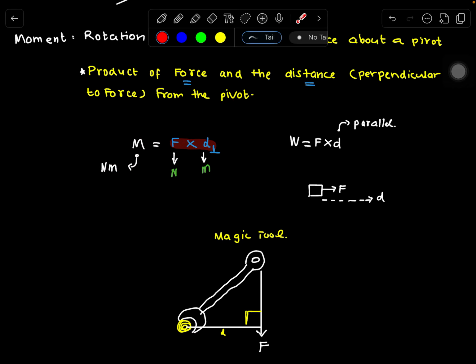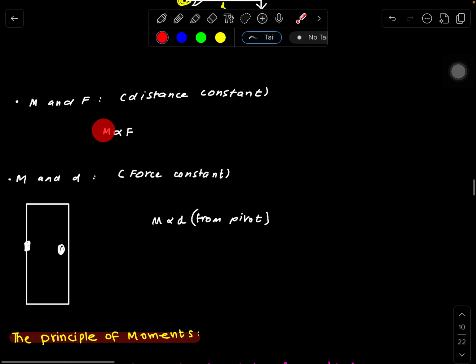Okay? So if I want to look at the relationship between force and moment, I will have to keep the distance constant. Okay? So if you have the same distance from the pivot to the force, then the more the force, the more the rotation. Okay? So the idea is that moment and force are directly proportional.